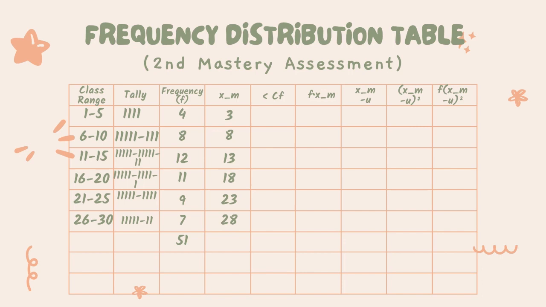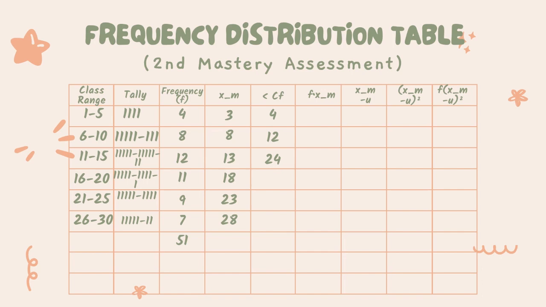The less than cumulative frequency of 1 to 5 is 4 because we have the frequency 4 and we have nothing to add to it. And the less than cumulative frequency of 6 to 10 is 12 because the recent less than cumulative frequency value, which is 4, added to the frequency of 6 to 10, which is 8. 4 plus 8 is 12.